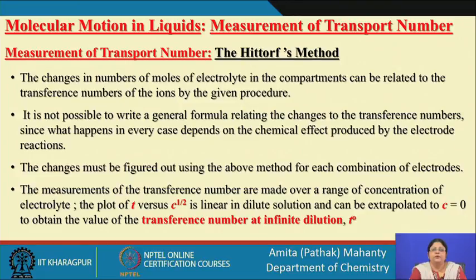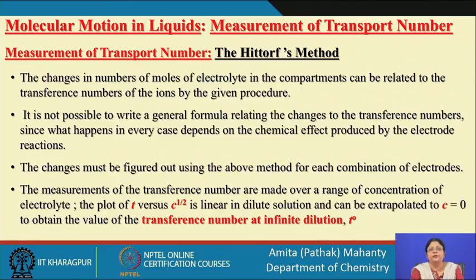Then what we do? Whatever value of T we calculate for each concentration, we plot against the square root of the concentration, and in a linear dilute solution, from extrapolation to the condition where C equals 0, we obtain the transport number at infinite dilution. So, at each concentration, from each compartment we find the concentration change, and from that we correlate the concentration change with the transport number.